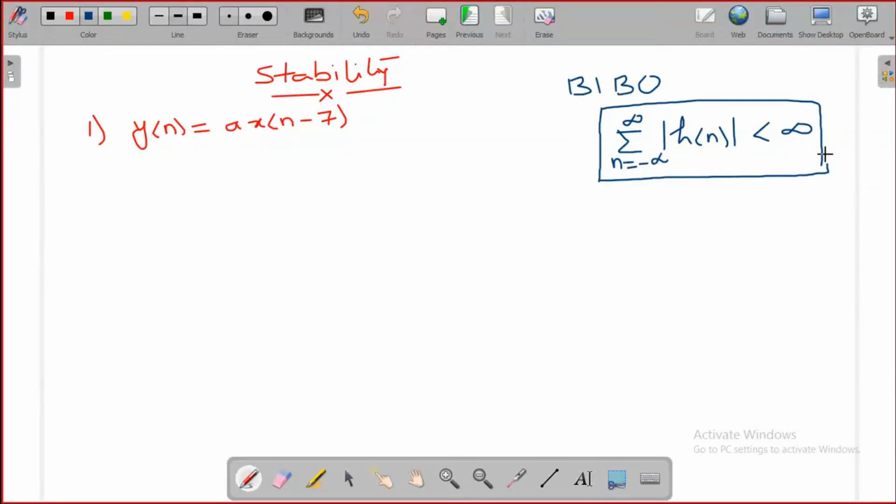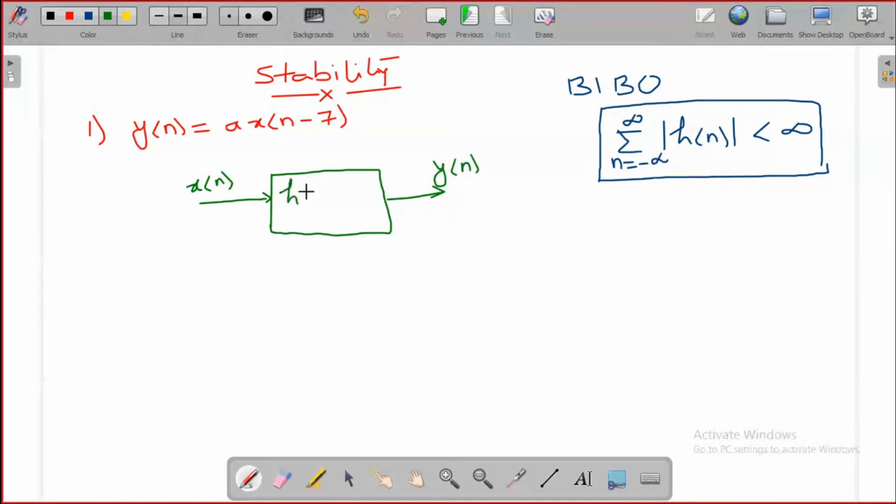Now here, we have one relation between the input and output terms, x of n and y of n. So we don't have h of n here. So how will we find the stability? For that, let us take a system whose input is x of n and the response is y of n.